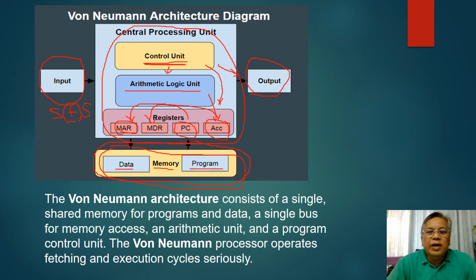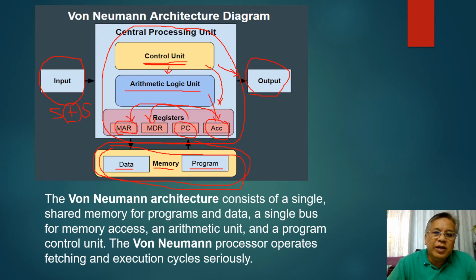Alright? Then, your program counter now will provide an address into your memory address register. Okay? Now, for example, the program counter provides your memory address register with address 0000, 4-bit lang usa.